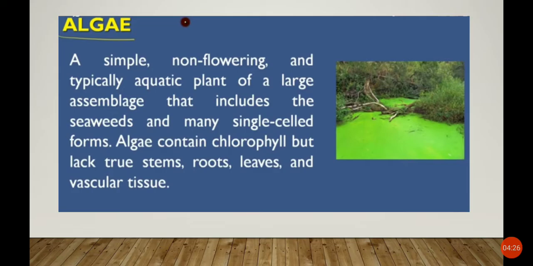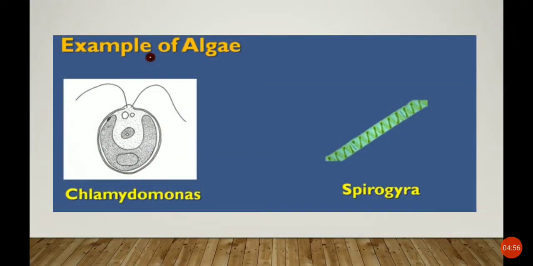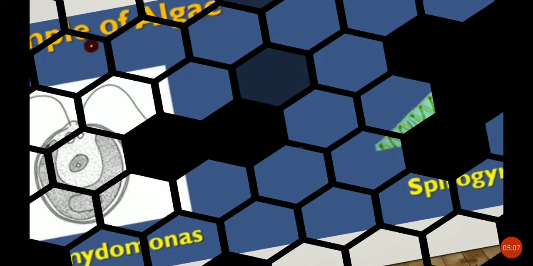Algae contain chlorophyll but lack true stems, roots, leaves and vascular tissue. These are the examples of algae, chlamydomonas and Spirogyra. Spirogyra is like a rod-like structure.